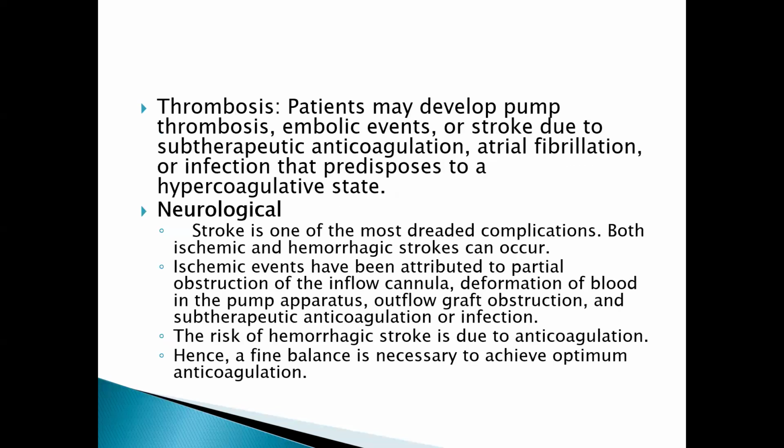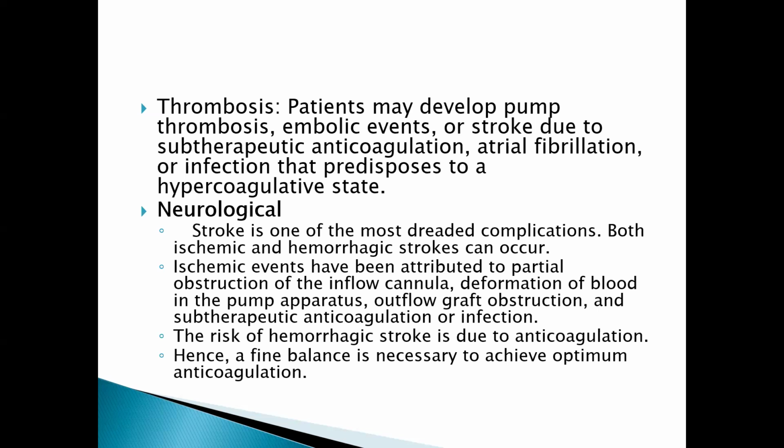Then thrombosis also has been found to be one of the complications of patients who are on this ventricular assist device. They've been found to develop thrombosis, embolic events, or even stroke due to subtherapeutic anticoagulation. Maybe this patient was not properly anticoagulated, or atrial fibrillation or infection has predisposed this patient to a hypercoagulable state. Then neurologically, from this thrombosis, stroke may also be one of the most related complications.